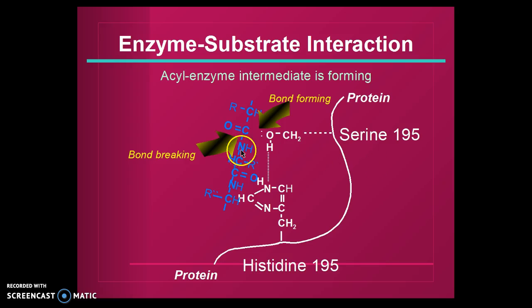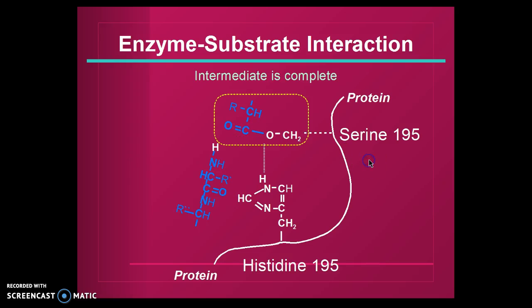A bond breaks and begins to form here, so that this bond is actually coming over to make a bond here. You can see now the bond to the carbon and oxygen, the new bond is formed to the enzyme. It's a covalent bond, a sigma bond, and hydrogen now has been kicked out, and here is one of the products of the reaction.